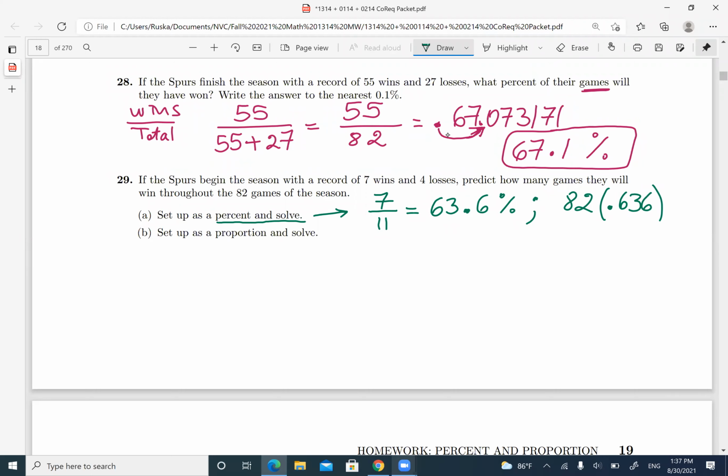So when I multiply that, I'm going to get 52 games. And you round to the whole number because you're talking about games, right? And usually they're playing the whole game, obviously, right? They're not playing 0.1 game. Okay, so that's how you solve the first part of it.